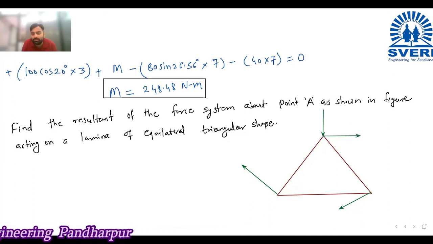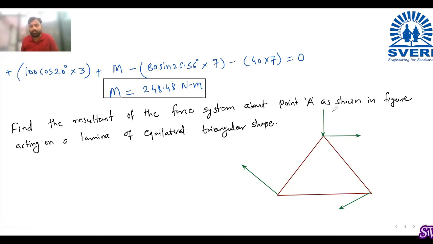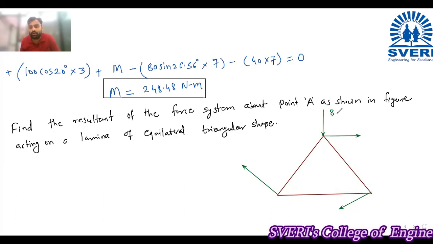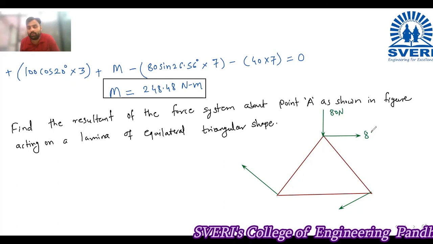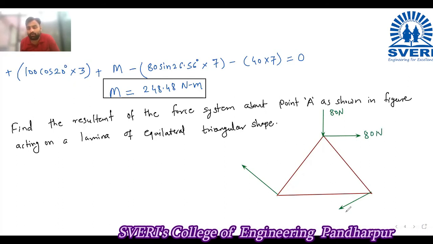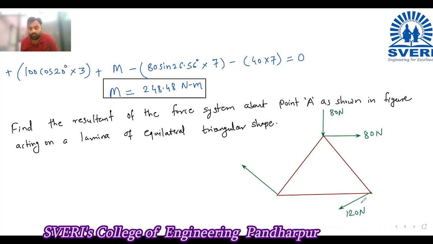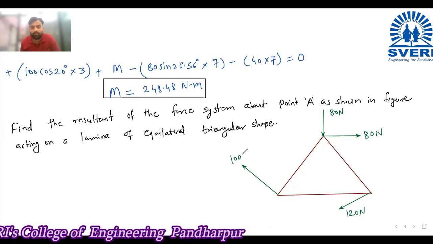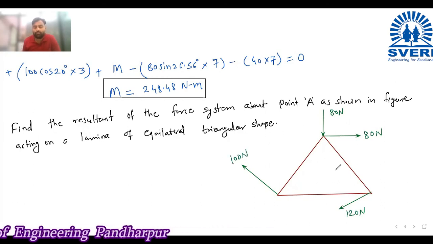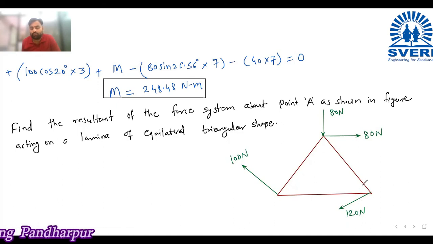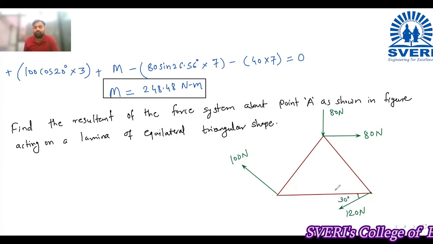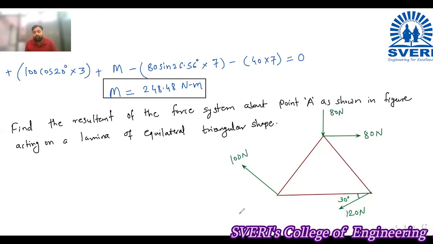First is 80 Newton. This is 80 Newton. This is also 80 Newton. This is 120 Newton. 100 Newton. So now this angle, it is 30 degree. Now we need to solve this problem.